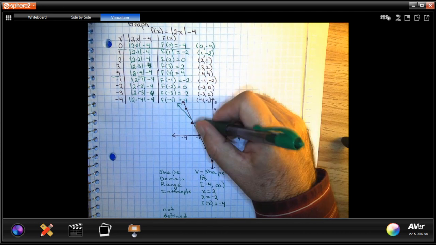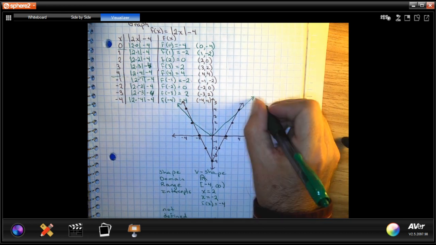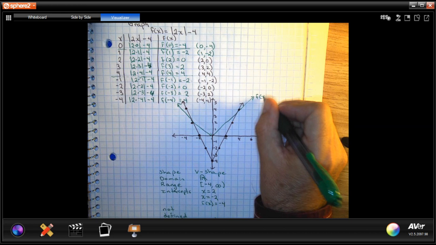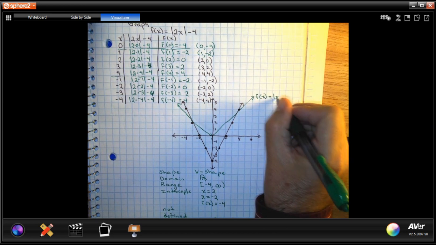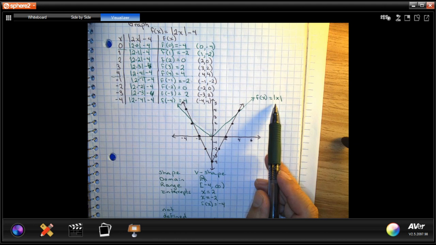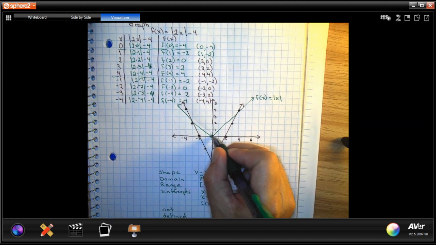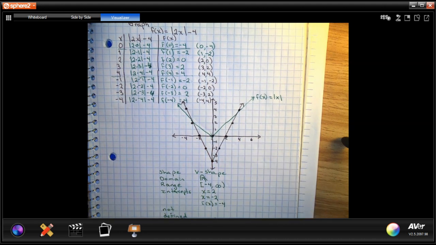Two things happened to this graph. The green graph is f of x equals the absolute value of x. The first thing that happens to it, if you notice, is this point right here translated down 4 units.